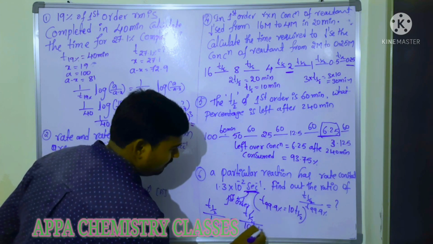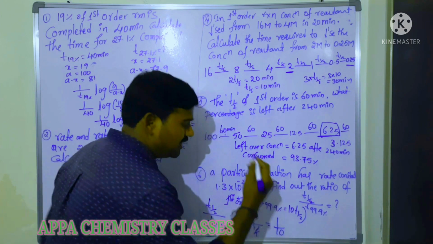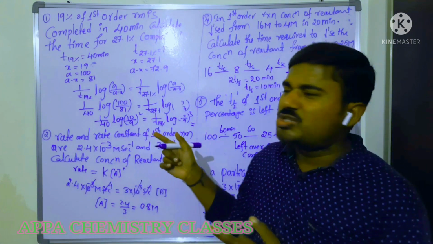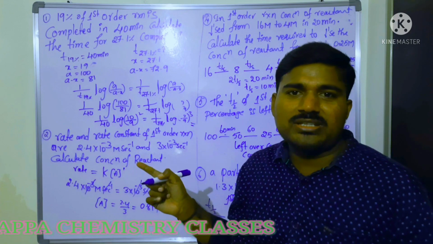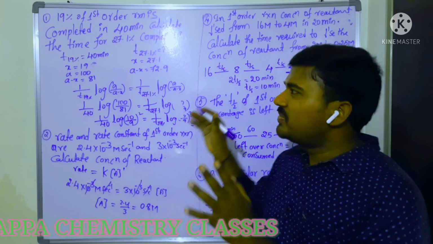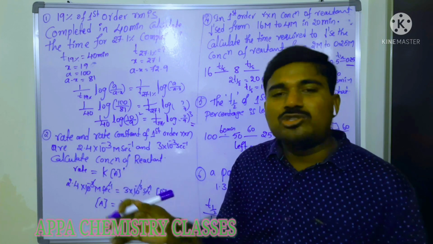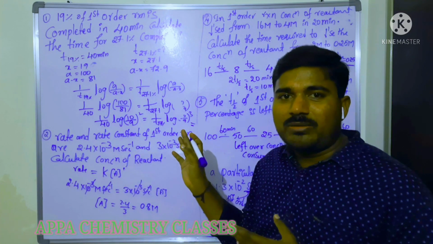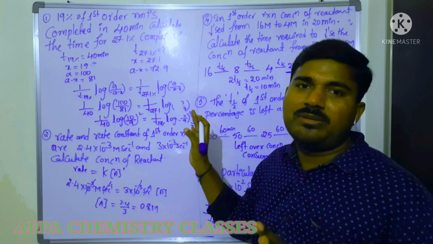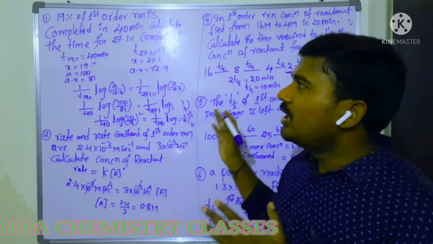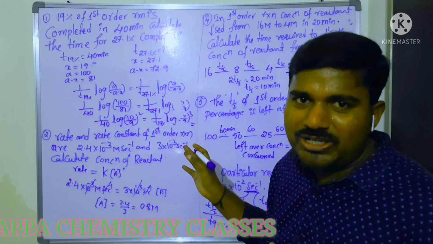The t half gets cancelled, giving 1 by 10. That is the ratio. Is that clear? So this completes first order reactions. If you are perfect with this concept, whatever problem they give on first order, which is very, very important, you are going to be able to do. I hope everyone has got some information.